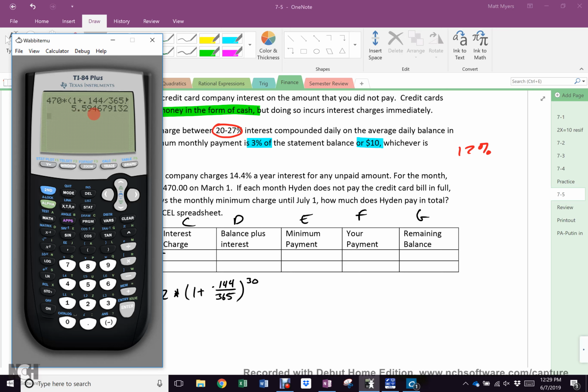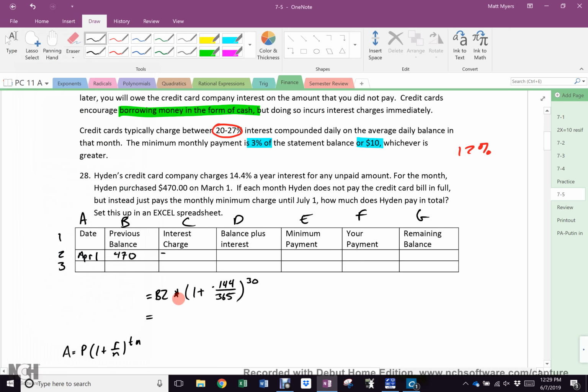And we've got about 5.50. Now that $47 would have been compounded every month. So we're cool here, right? So really, if I were setting this up as a spreadsheet for myself, do I need this part for interest? Or do I only need this part? Or do I need to then add minus B2?